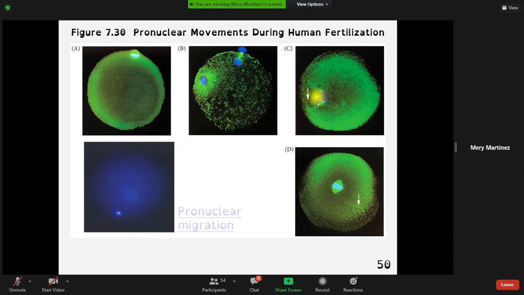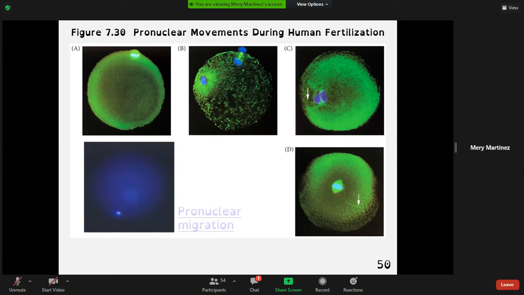This is what we see right here. The two pronuclei are close together. And the centrosome splits to organize the bipolar microtubule array. The tail is still intact. It hasn't been completely destroyed. Okay, it's right there.